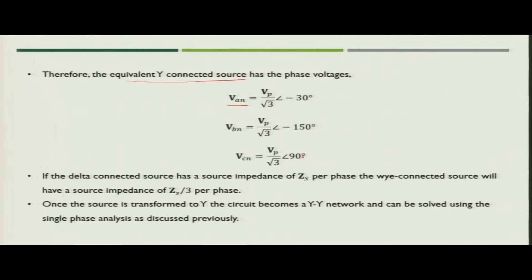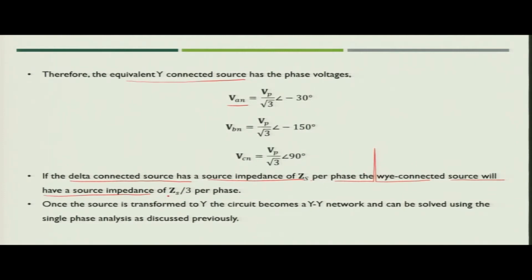If you have a delta connected source with some source impedance ZS, you can apply the star delta transformation and find the per phase source impedance for the equivalent star connected source.